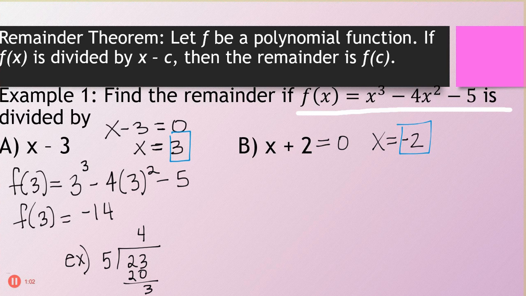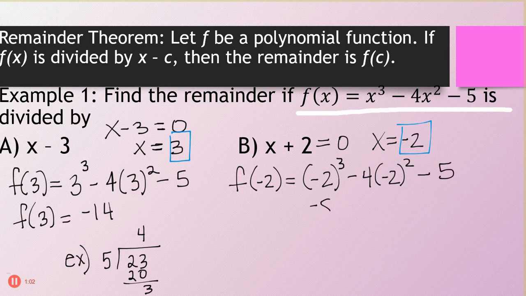So when we find f of negative 2, using that same function rule, substitute negative 2 into every place that you see an x. And I think it's a little easier for me to do this without the calculator sometimes. So negative 8 minus 16 minus 5 would be negative 29.